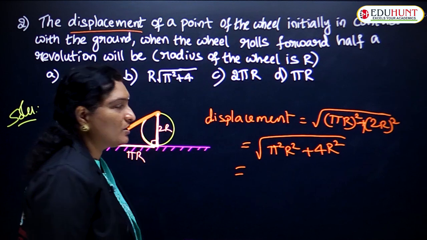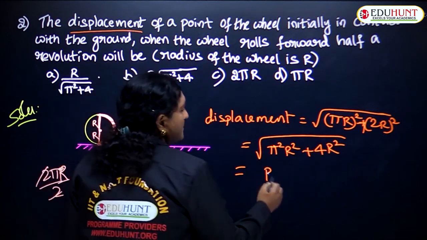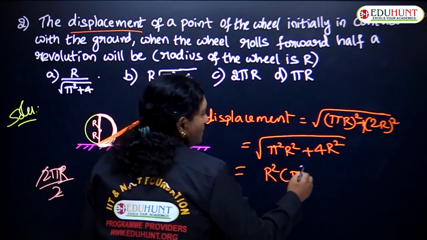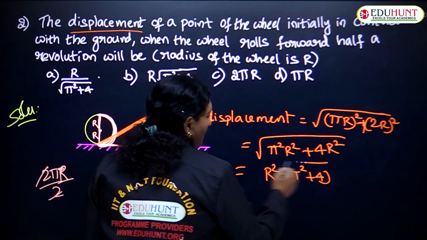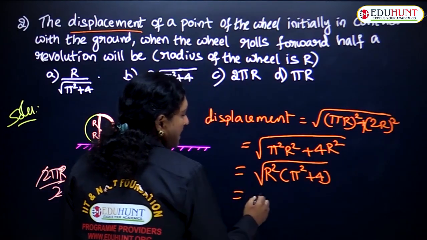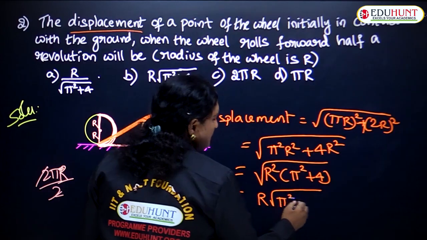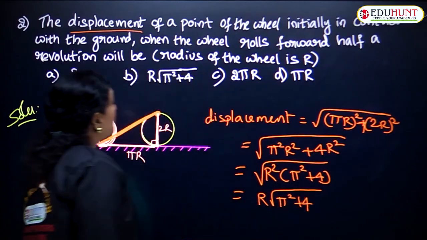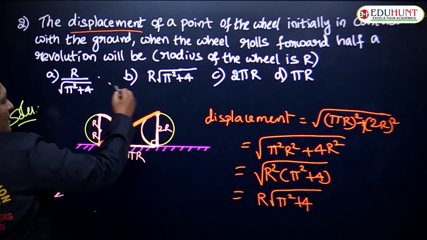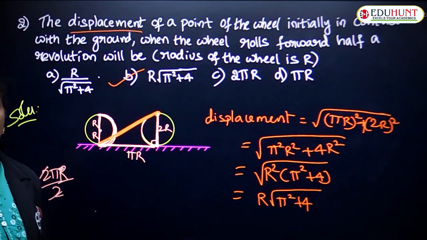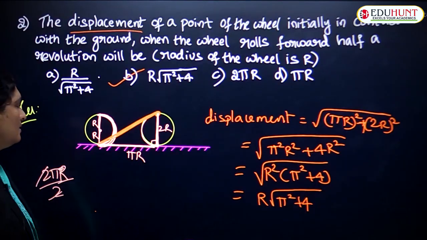What is common in both, children? R square. Hence R square into (pi square plus 4) under root. Under root R square is R, and left over is root over pi square plus 4. So which one is the correct answer, children? The second one: R into root over pi square plus 4.